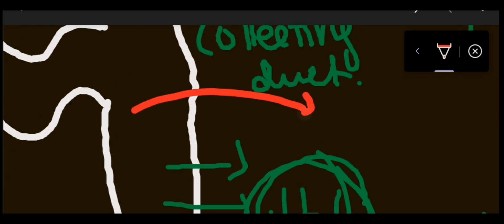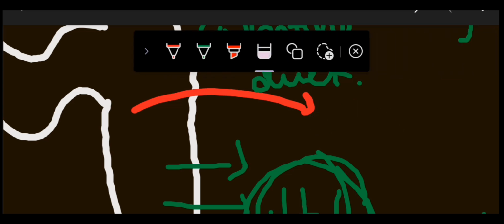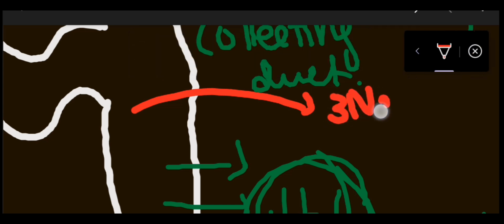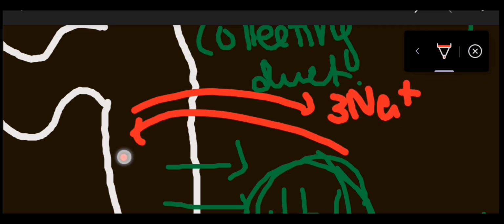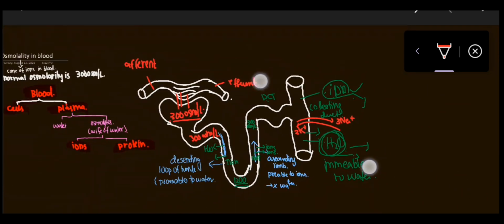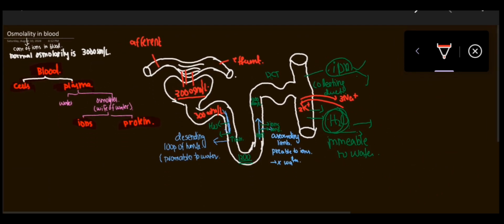So 3 Na will be released outside, and 2 K will go inside. So this is permeable to ions, not water. So this was osmolarity in blood. After that, in another video we're gonna discuss the less intake of water. Till then, bye bye.